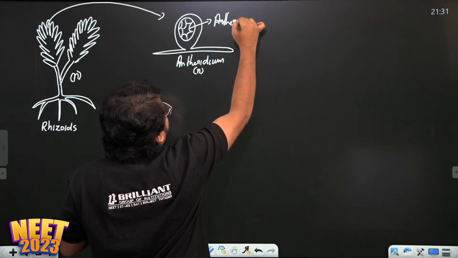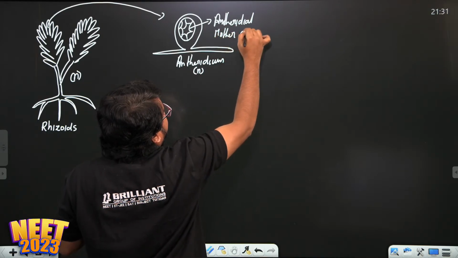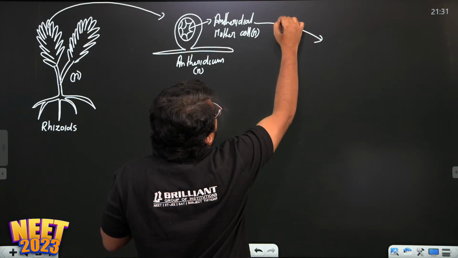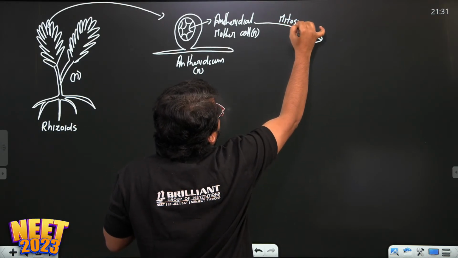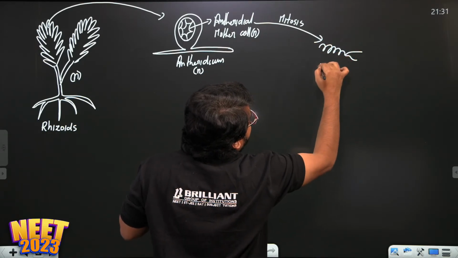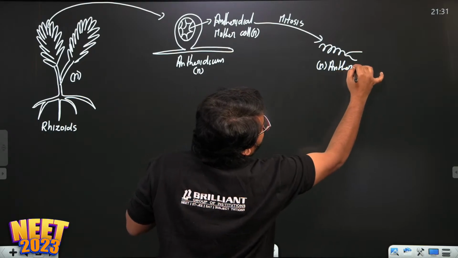This antheridial mother cell is haploid, and it undergoes mitosis to give rise to a biflagellate male gamete called the antherozoid.